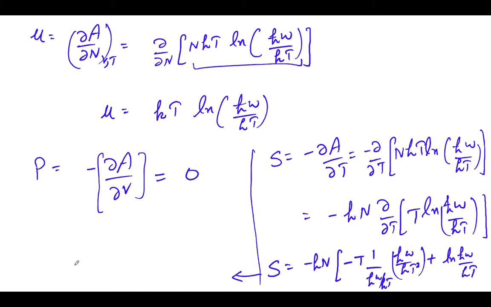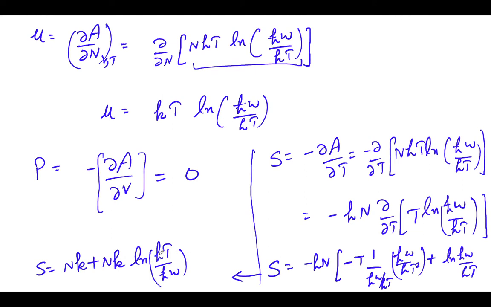So the value of S comes out to be nk plus nk log of kT over h bar omega.